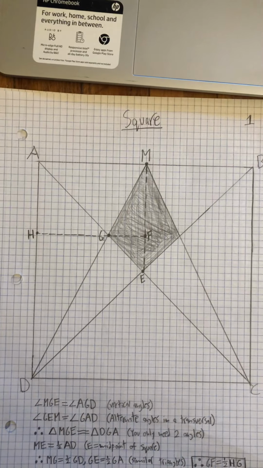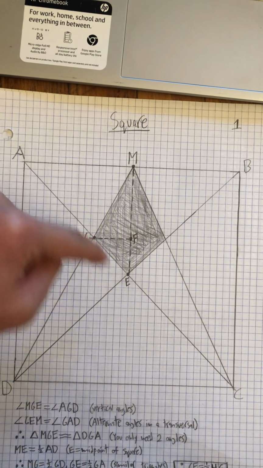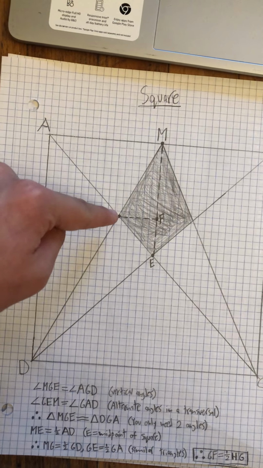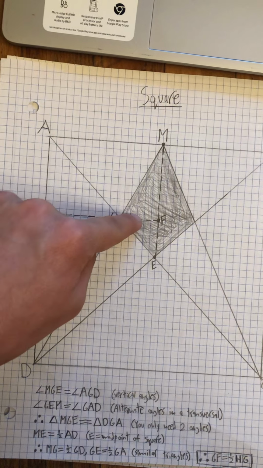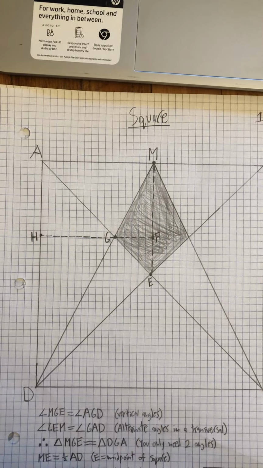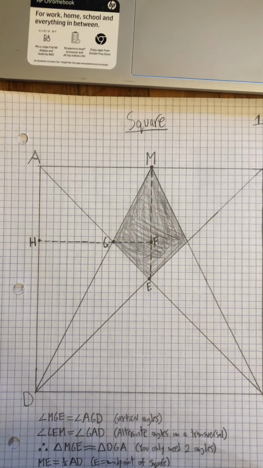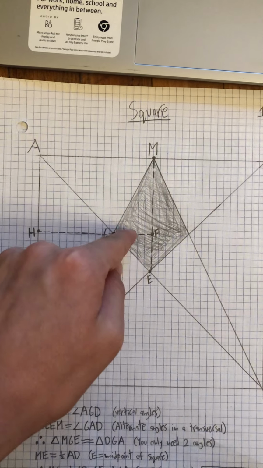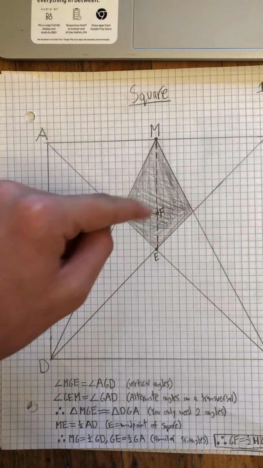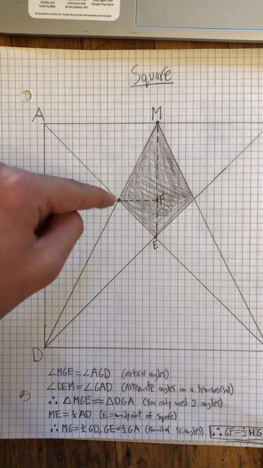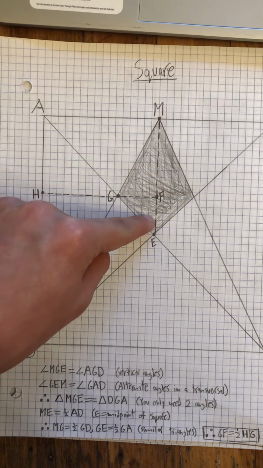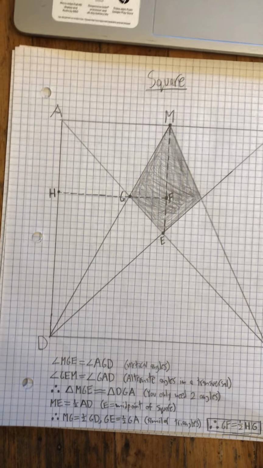The first important thing is that angle MGE is the same as angle AGD. This angle is the same as this angle because of vertical angles. Every time you have lines that intersect, the two opposite angles are the same. Then angle GEM is the same as angle GAD, because of alternate angles in a transversal.